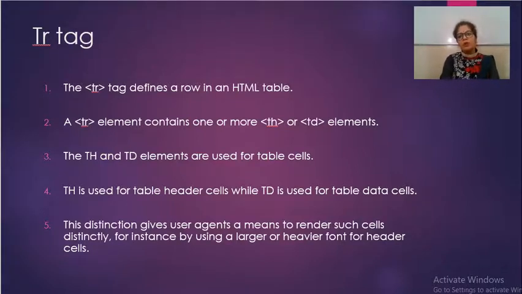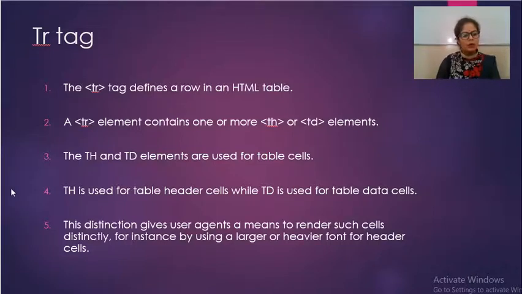As in Word, we use bold to bold the text, or italic to italicize the text. But in case of a web page, if we have to do something in a table, we have the TH tag for that. So that is the TH tag.